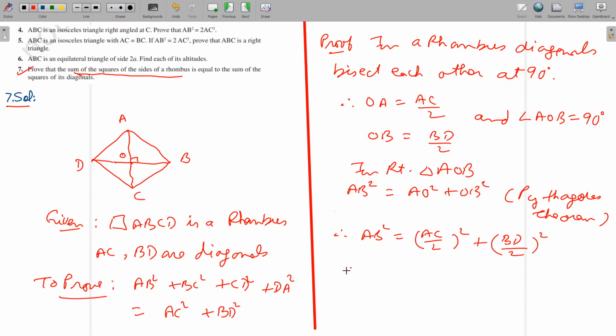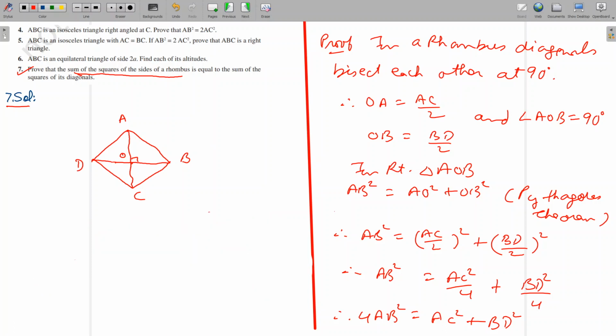So this gives us AB square is equal to AC square by 4 plus BD square by 4. Now we simplify this further, and we get 4AB square equal to AC square plus BD square.